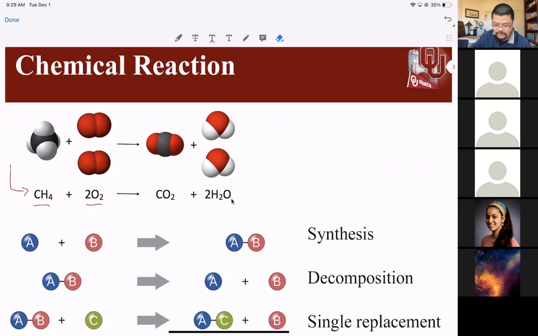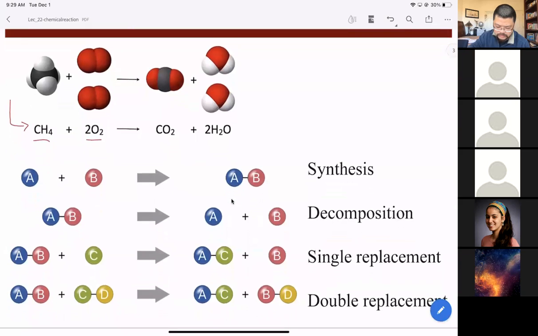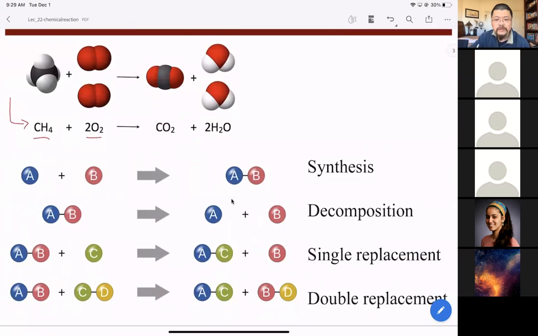In general, we should be able to group all those reactions into the following 4 groups. One is called a synthesis reaction, where A and B react to produce the molecule AB. The other is decomposition, where AB splits into 2 other new molecules. And then we have the replacement reactions, double and single.